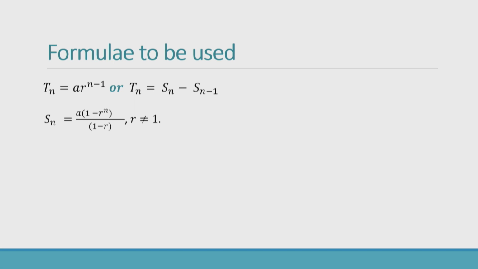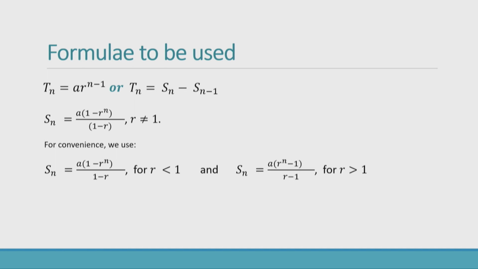The formula for Sn, remember, for convenience we use Sn equal to A into 1 minus R power n over 1 minus R for R less than 1, and Sn equal to A into R power n minus 1 over R minus 1 for R greater than 1. And for the sum of the first n terms, R cannot be equal to 1.